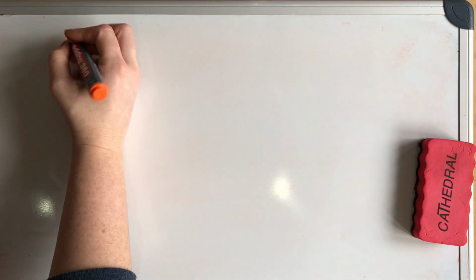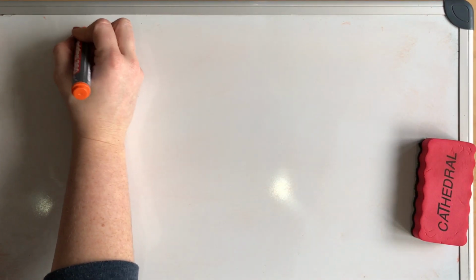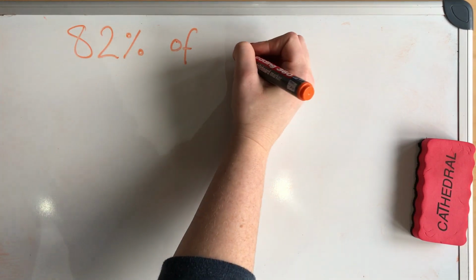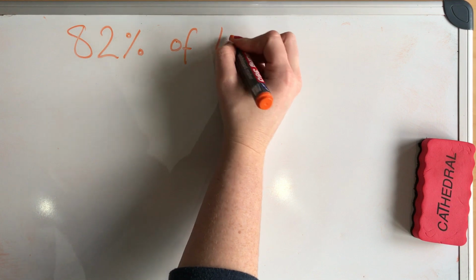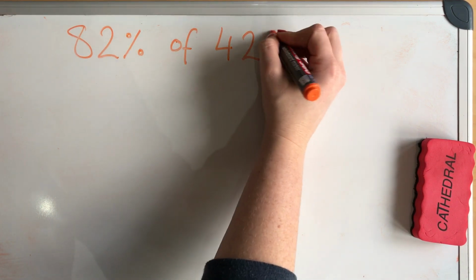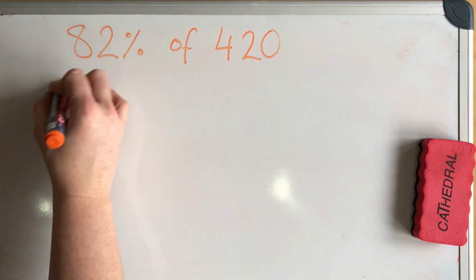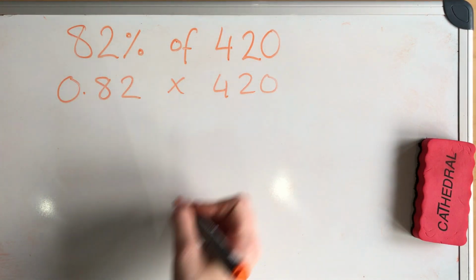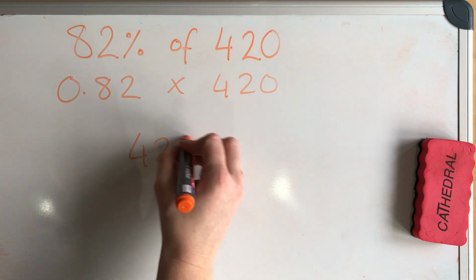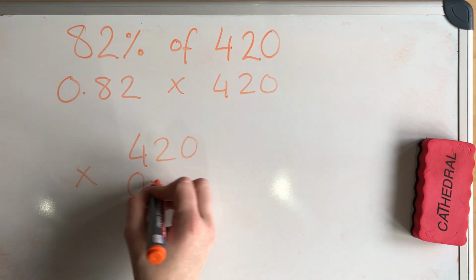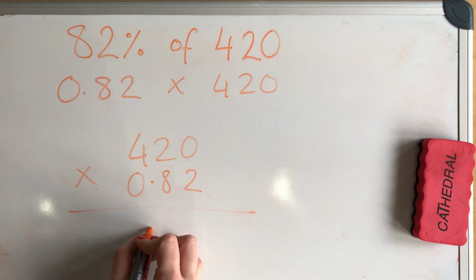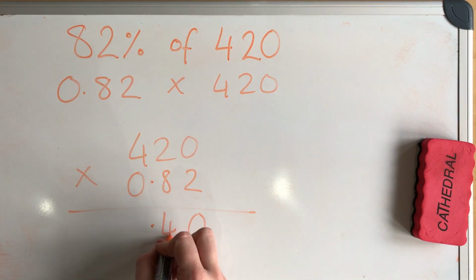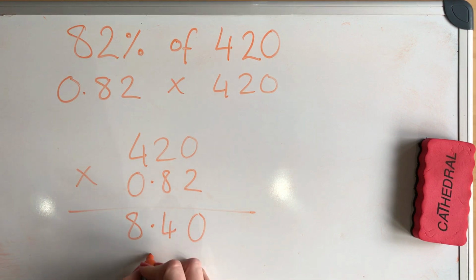Let's try one more. Let's say 82% of 420. So that's 0.82 multiplied by 420. So 420 multiplied by 0.82. Put my decimal point in. 2 times 0 is 0. 4, 8.